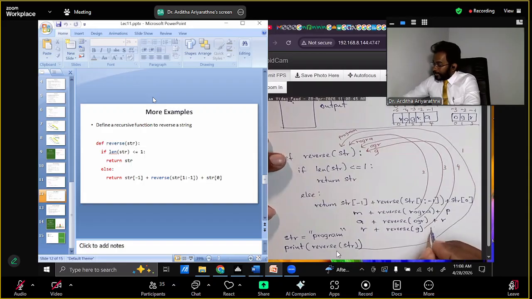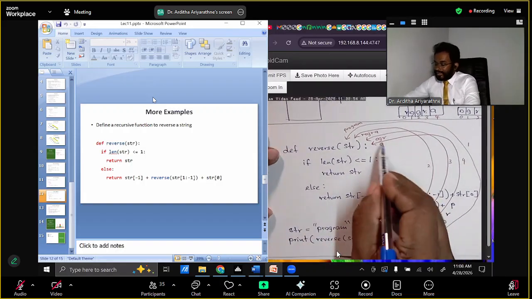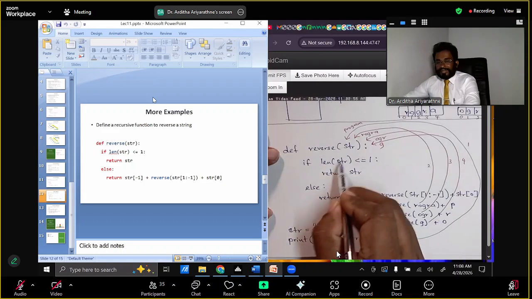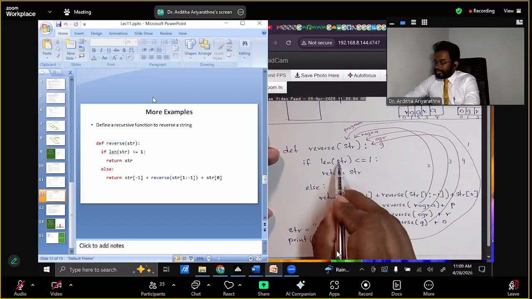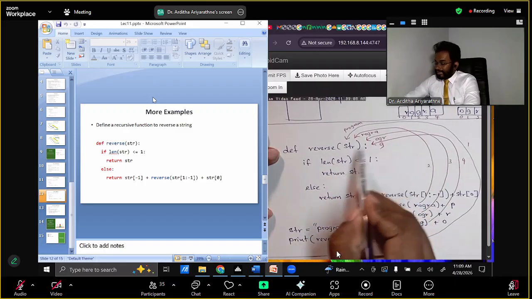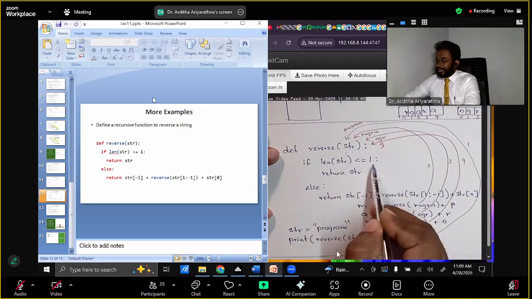Then here plus str[0]. str[0] means O. Now we are coming with G here. The len function returns 1, which means now it's equal to 1. Returning the same string, return str, the same thing. So we are calling with G, returning also G.